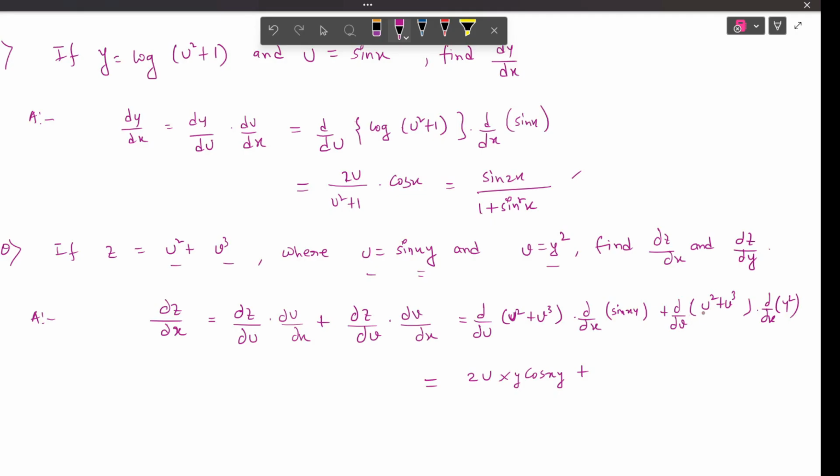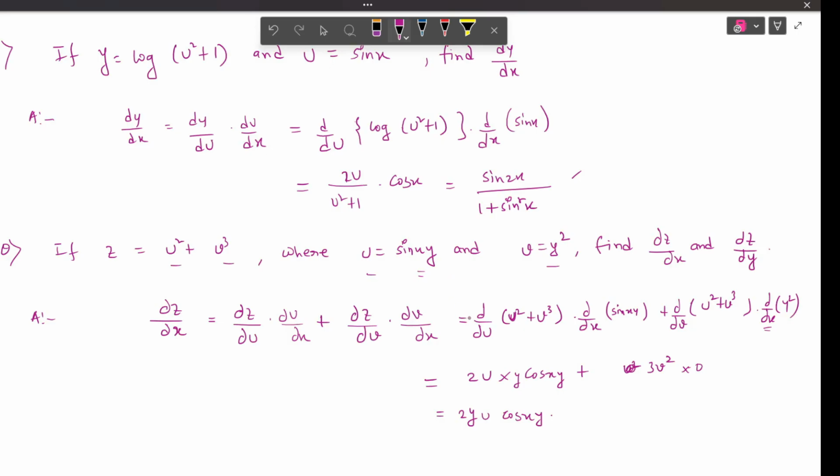Plus here u is constant, so it will be 3v square, because u is constant and differentiation of a constant is 0, multiplied with, here it is only y square and we are differentiating with x, so it will be 0, so the whole term is 0. So it is 2y u cos of xy.